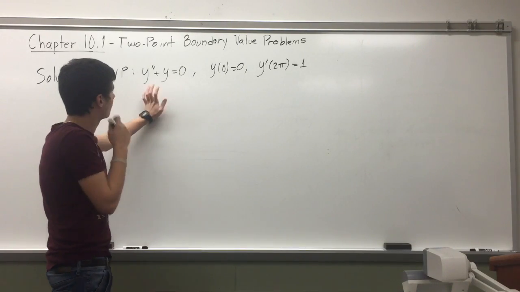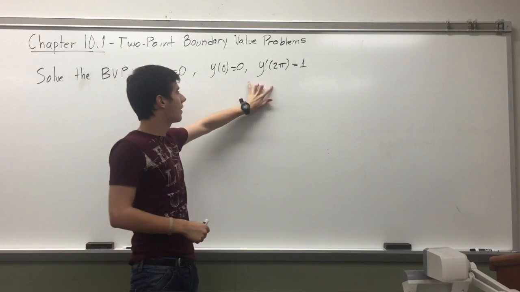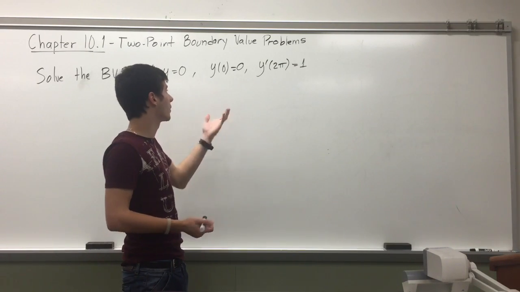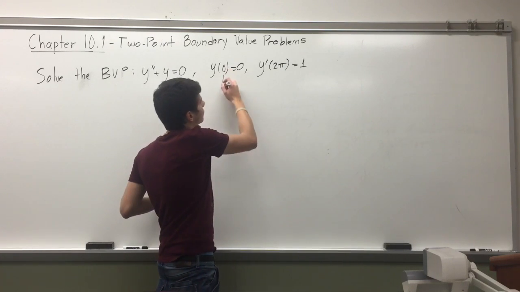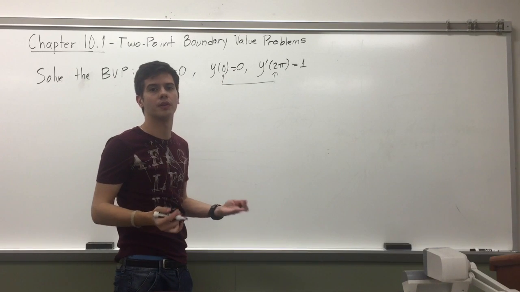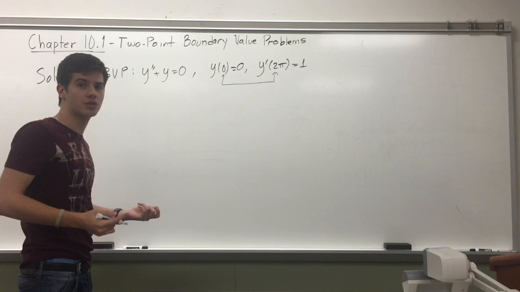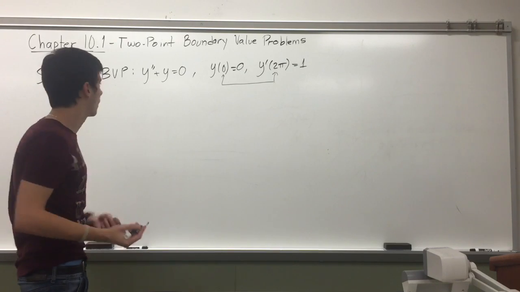We have our differential equation, y double prime plus y equals 0, and we have our two conditions. Here we can see that these two conditions are not given at the same point, so that's why we're doing a two-point boundary value problem. But we start solving it the same way we used to in the other one.